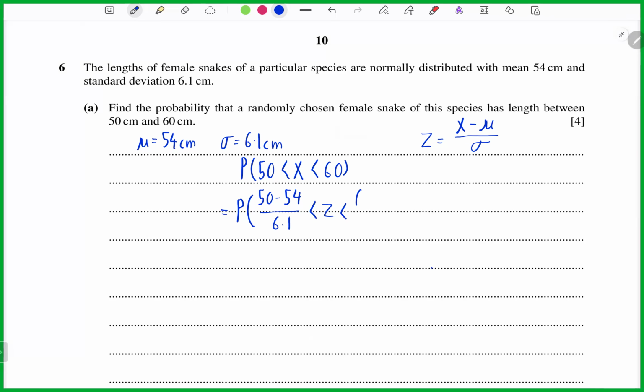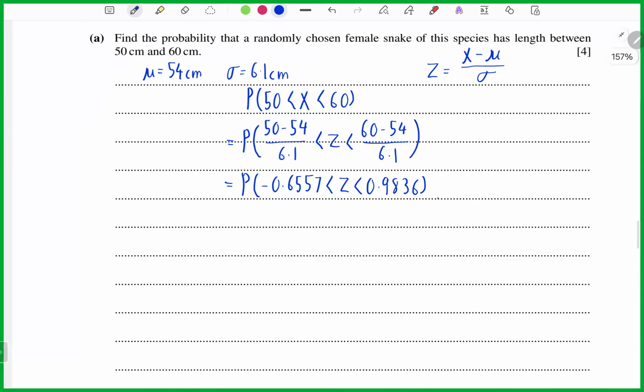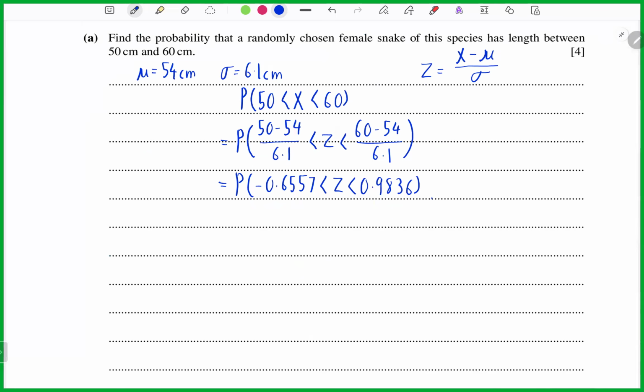So this is z, 60 minus 54 over 6.1, equals P. Make sure to get 4 decimal places, so it is easy to find the values. So you will get negative 0.6557 and for 60 you will get 0.9836. So you already have the standard normal variables, right?